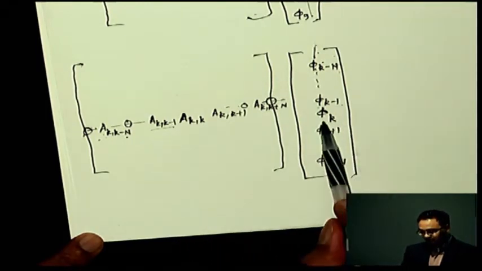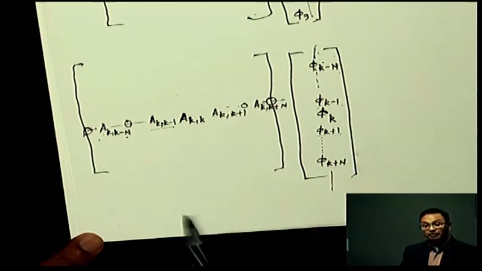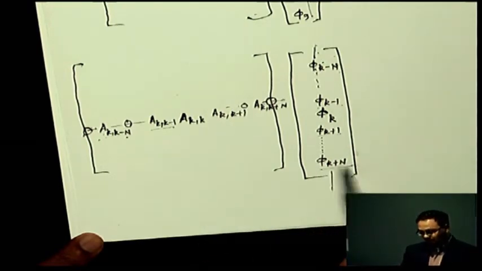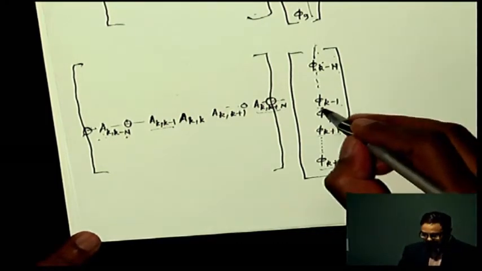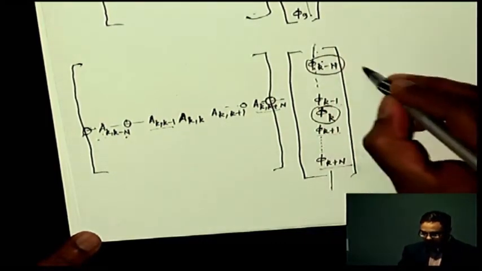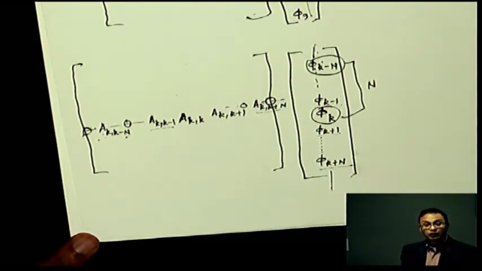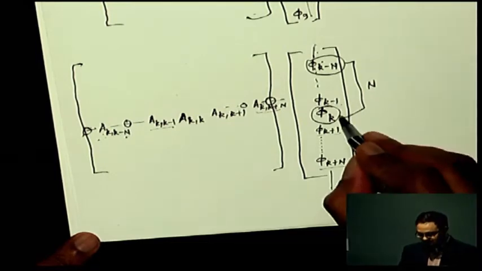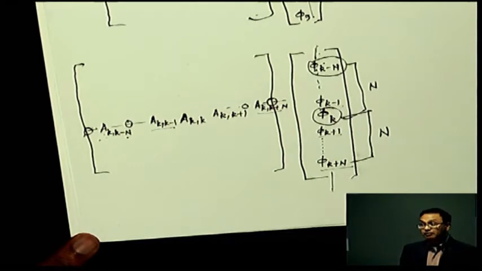Phi k times a k k, phi k plus 1 times a k comma k plus 1, and then that guy times that guy. Notice that this variable and that variable are spaced apart by n nodes, or n elements. Same thing here, they are spaced apart by n elements.